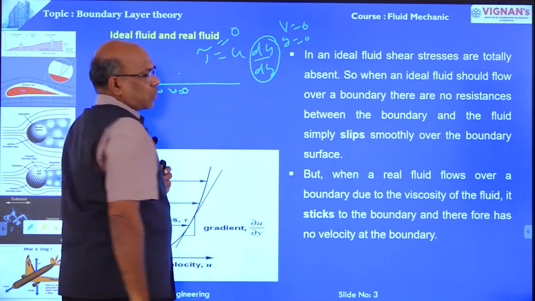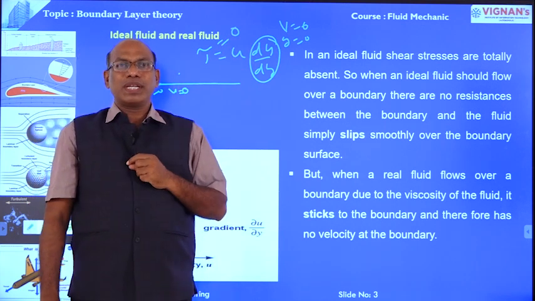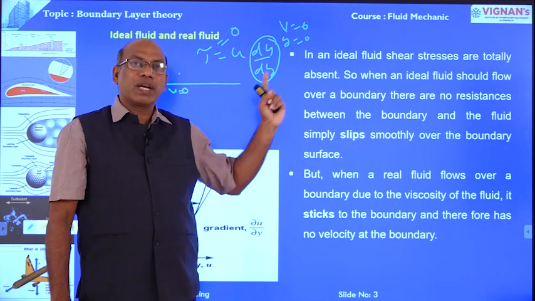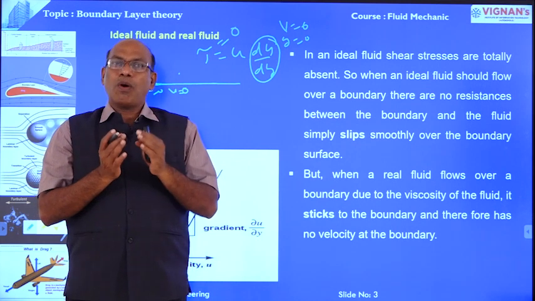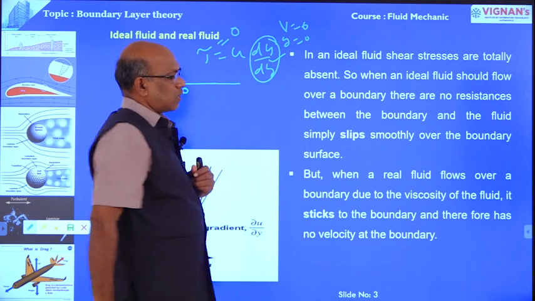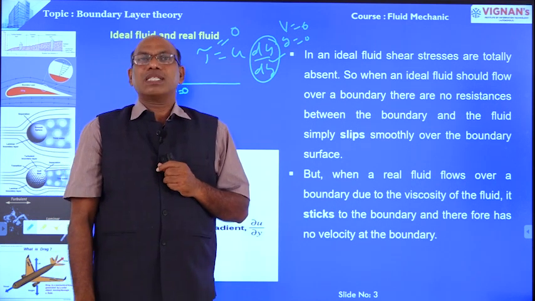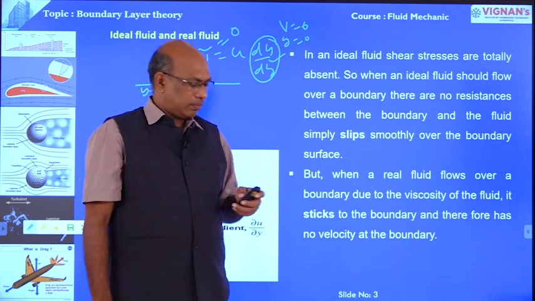In the case of real fluids, over the boundary, shear stress is 0 because velocity is 0 because of the viscous effects between the boundary and the fluid. This is the difference between ideal fluids and real fluids.